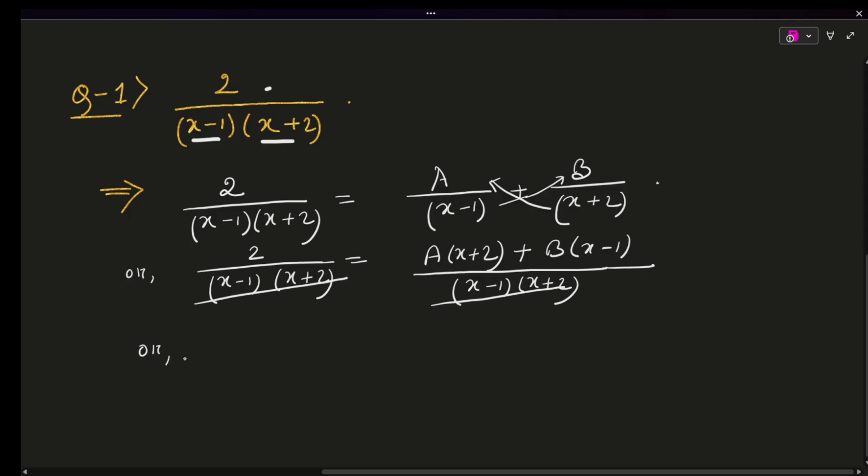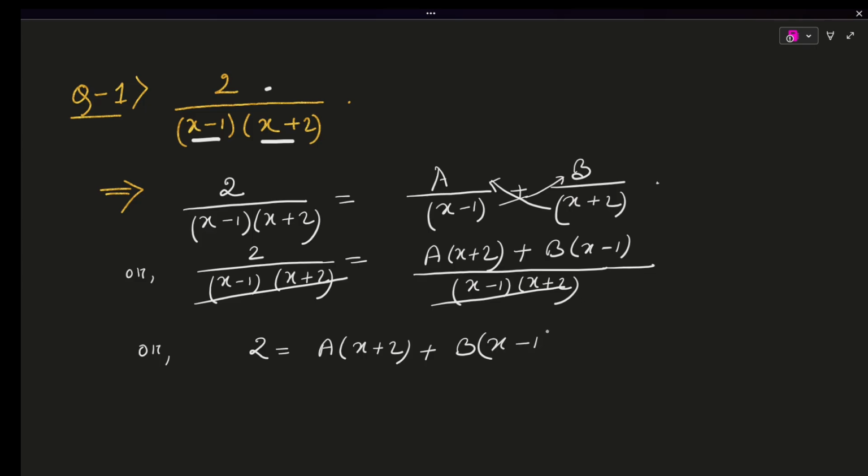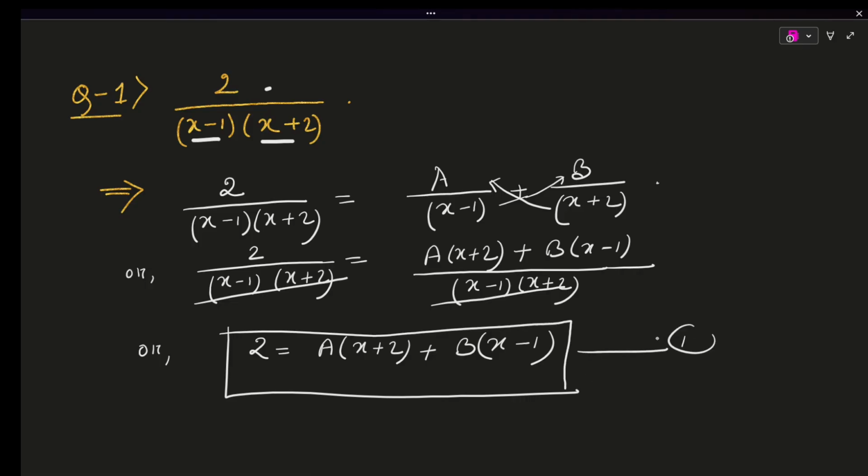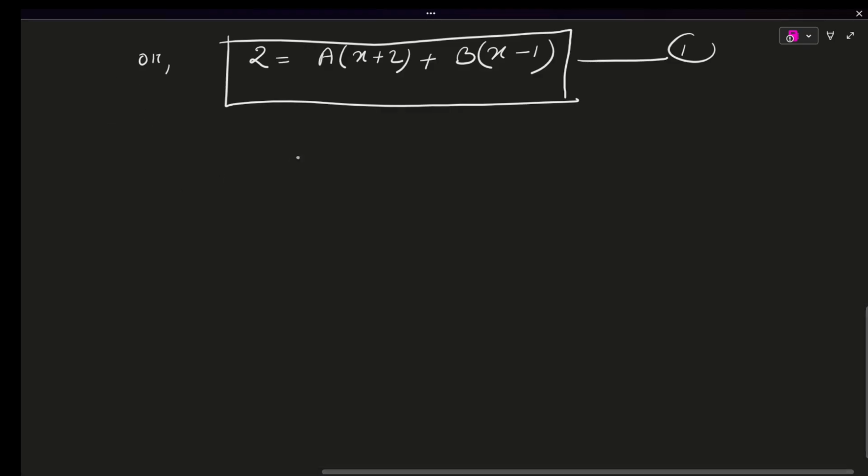So now the equation will be 2 equals A into (x plus 2) plus B into (x minus 1). So this one is our equation. Let's give it number 1. Now what will we do?